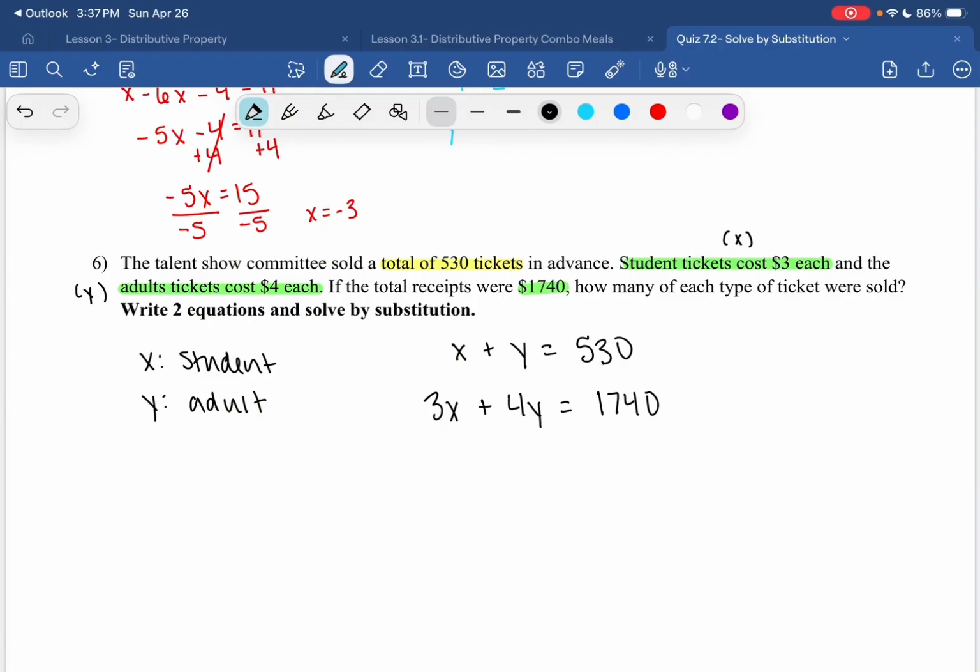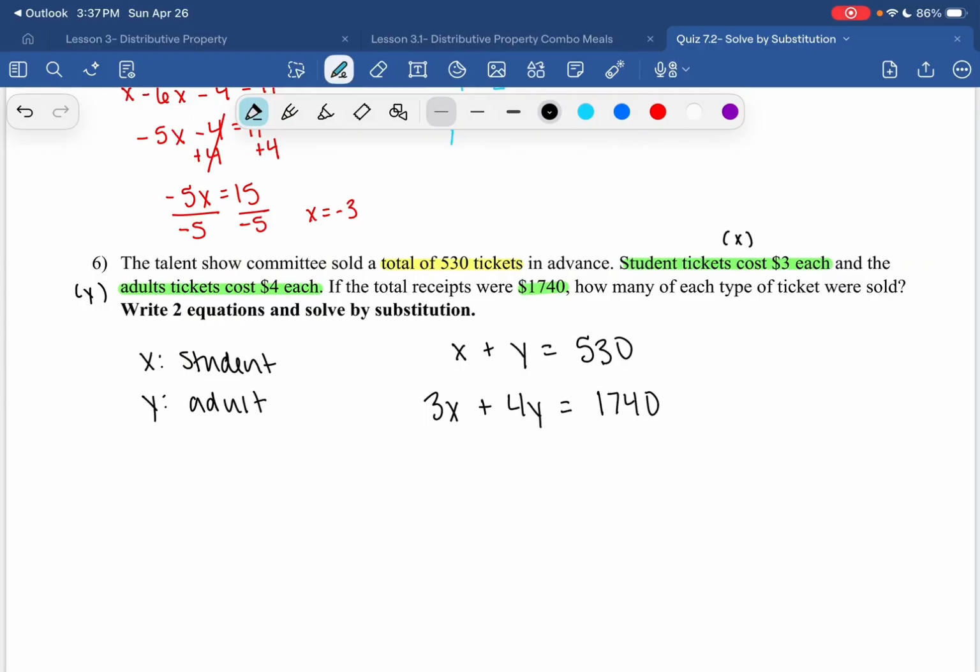Now you could look at that and you go, okay, if I know a certain amount of student tickets times the price is going to give me an amount, and a certain amount of adult tickets times that price is going to give me an amount. And those 2 prices together are going to equal 1,740. Does that make sense? So now we have our two equations.